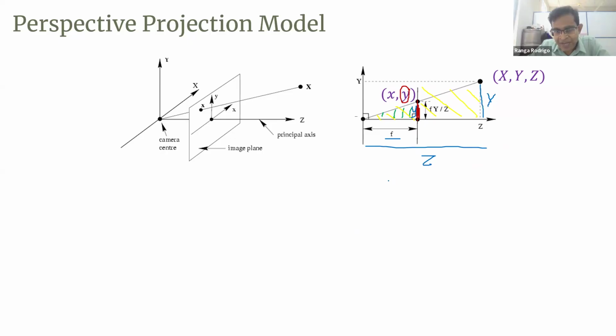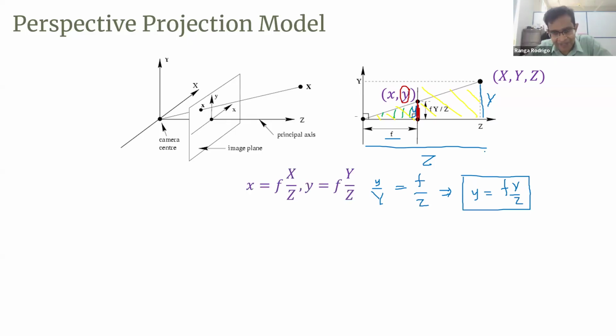So you can very easily get small y divided by capital Y, similar triangles, is equal to f divided by Z. So you can get the formula small y is equal to fY divided by Z. So very simple equation. A similar equation is there for x also. Those are the equations. I hope it is clear.